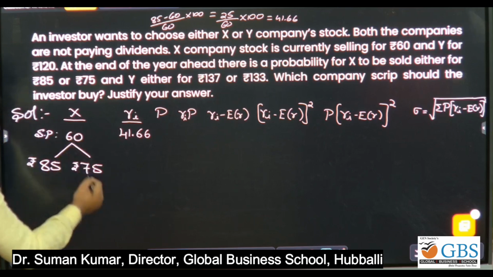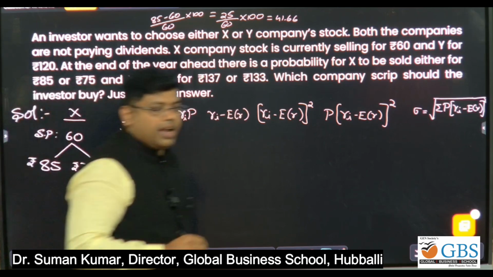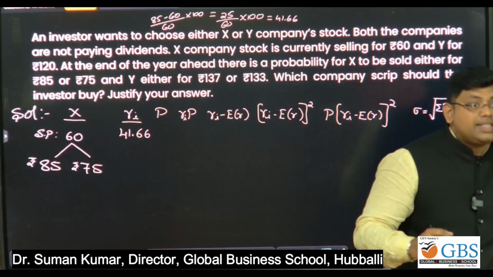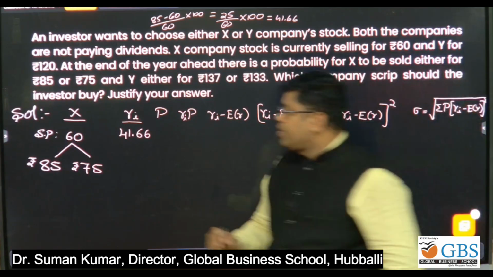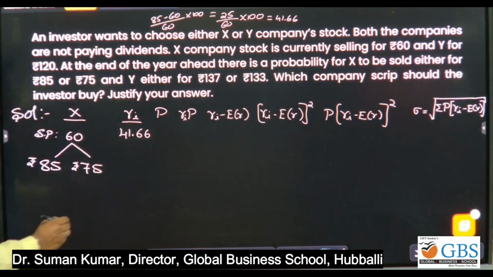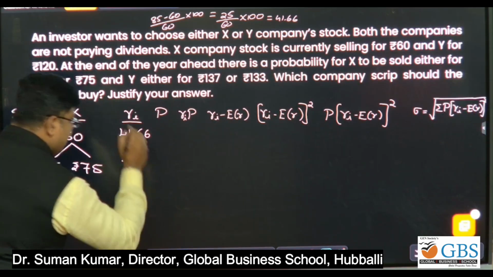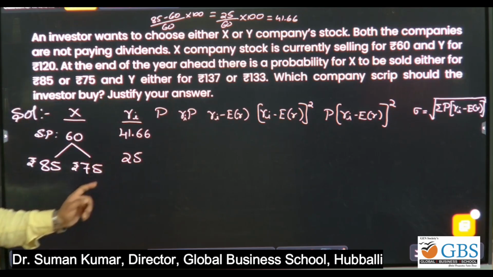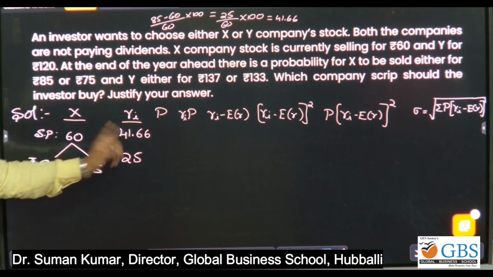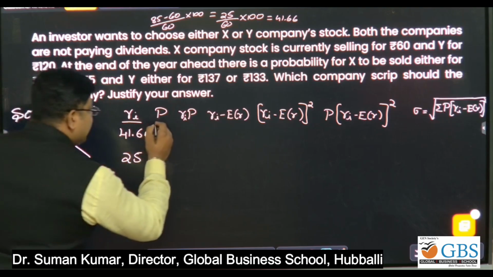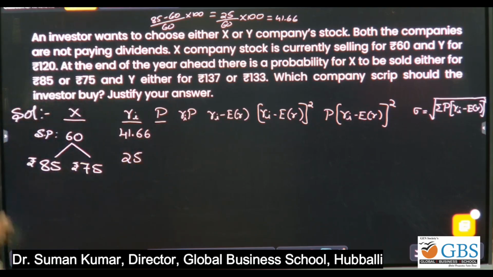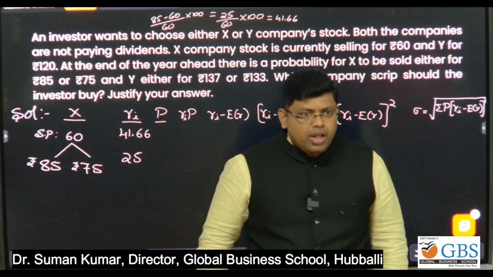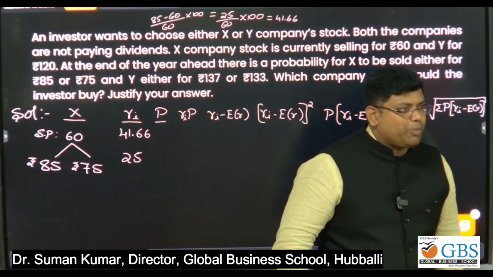What is the percentage of return? How to find out? Difference. What is the difference? 15. 15 divided by 60 into 100. 25%. See, return is in percentage. Are you understanding? 25% and 41.66%. Now, can you please tell me what is the probability? Because it is not given in the question. 0.5. On what basis are you saying 0.5?